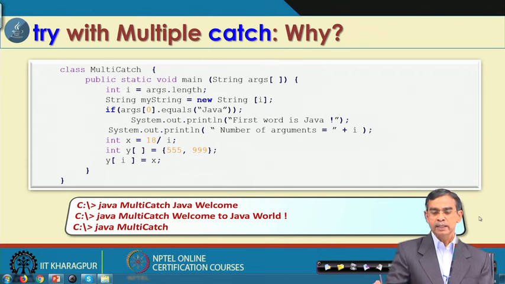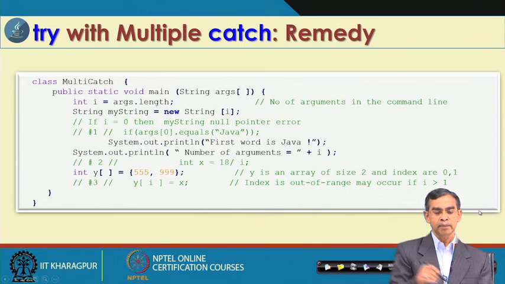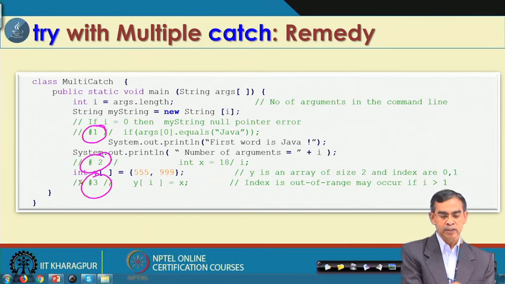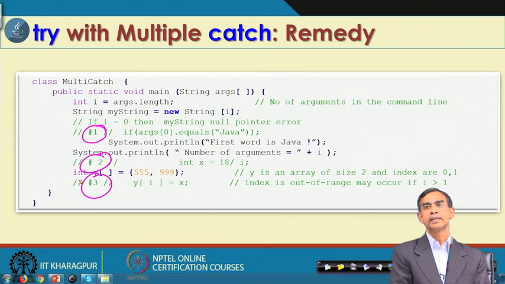As a way out, as I have mentioned, there are vulnerabilities here, errors may occur here, and an error also occurs there. So there are 3 points where errors occur: multiple errors, multiple exceptions.